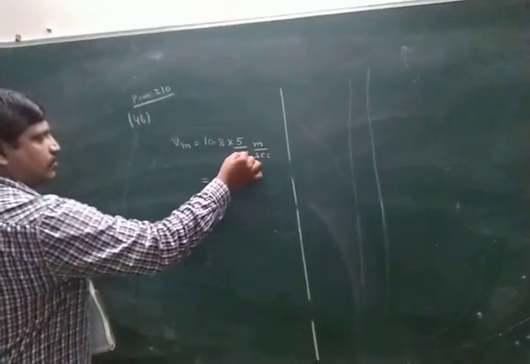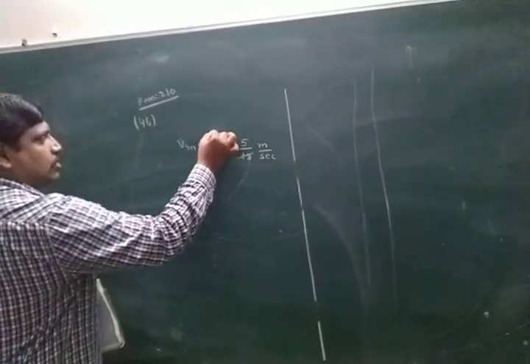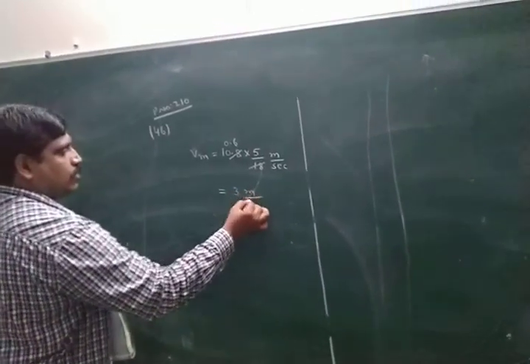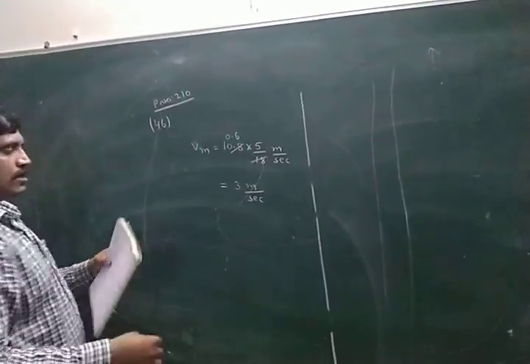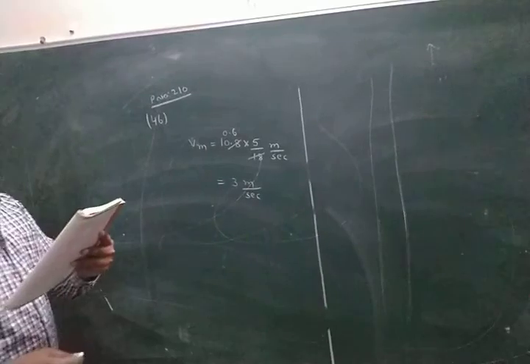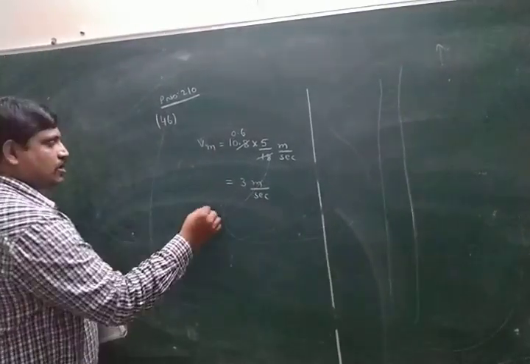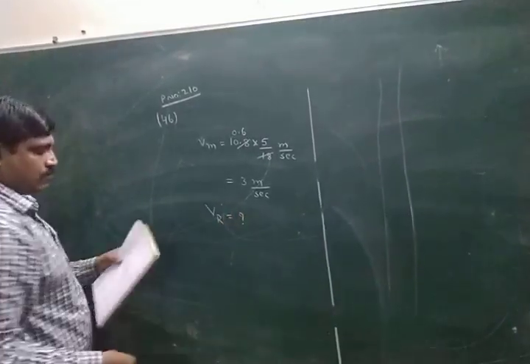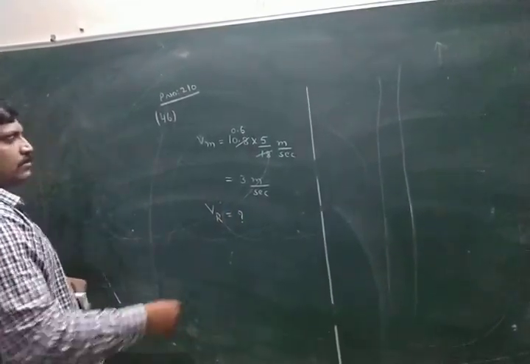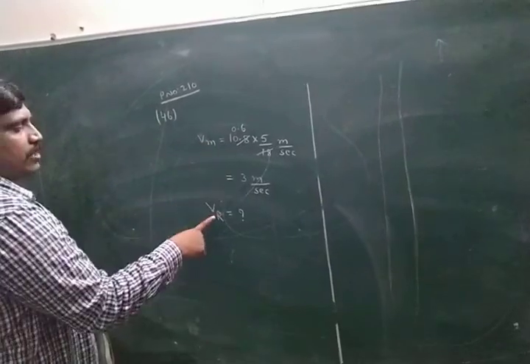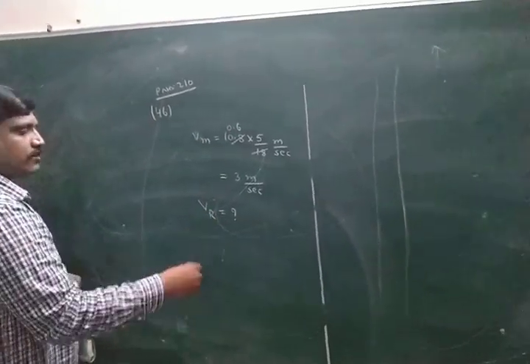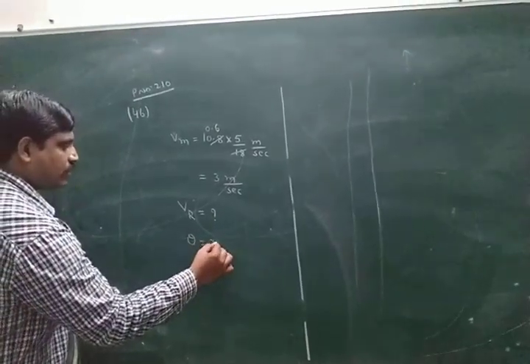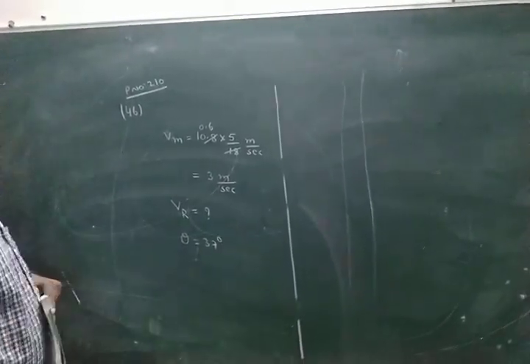Here it will be calculated as 10.8 into 5 by 18, 3 meter per second. Here is the velocity of the man. In this situation, we determine the velocity of the rain. This is the velocity of the man, this is the velocity of the rain. The angle of the umbrella to the vertical is given, theta value 37.